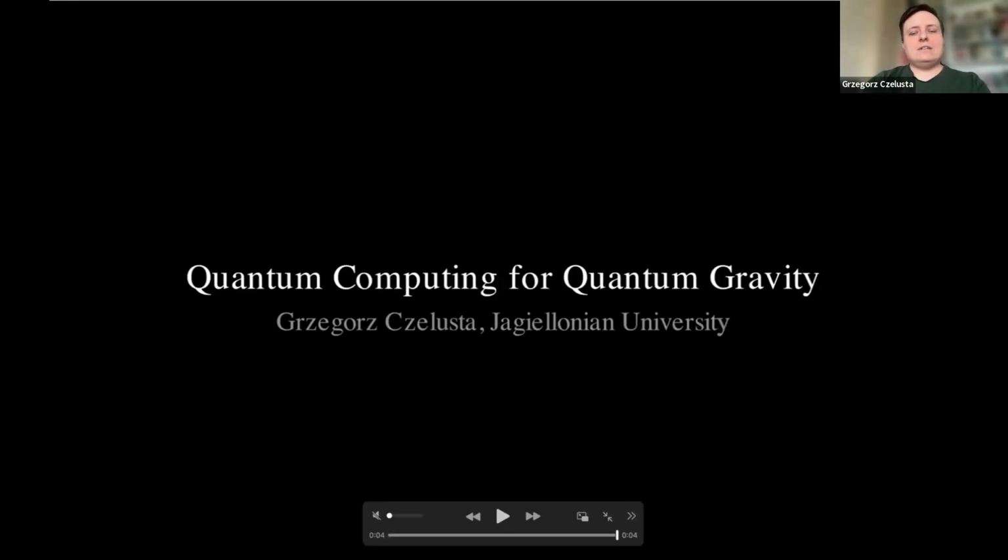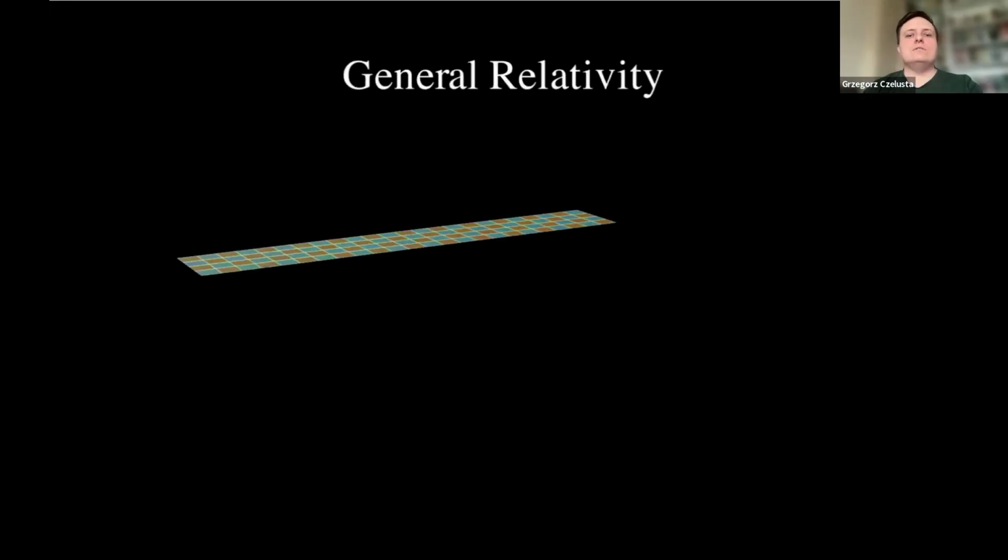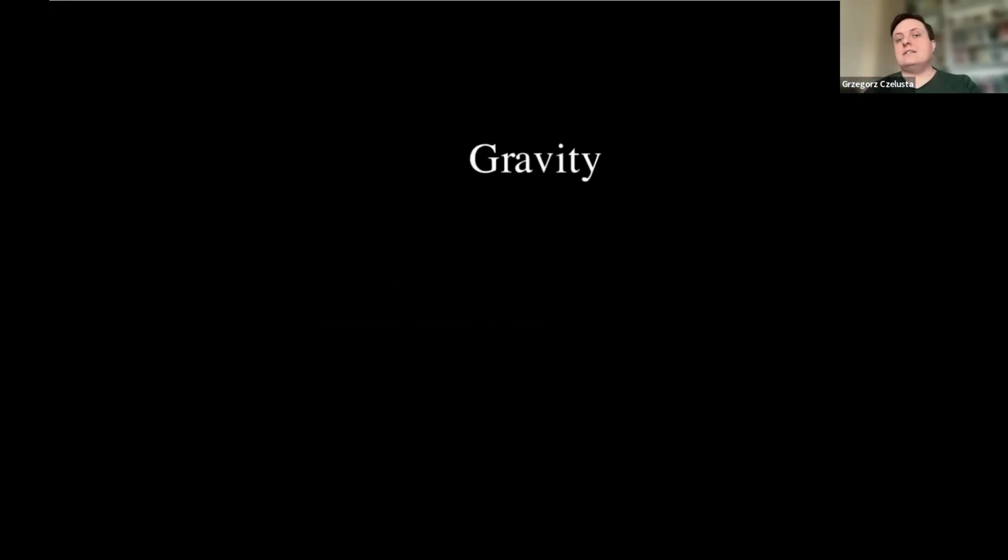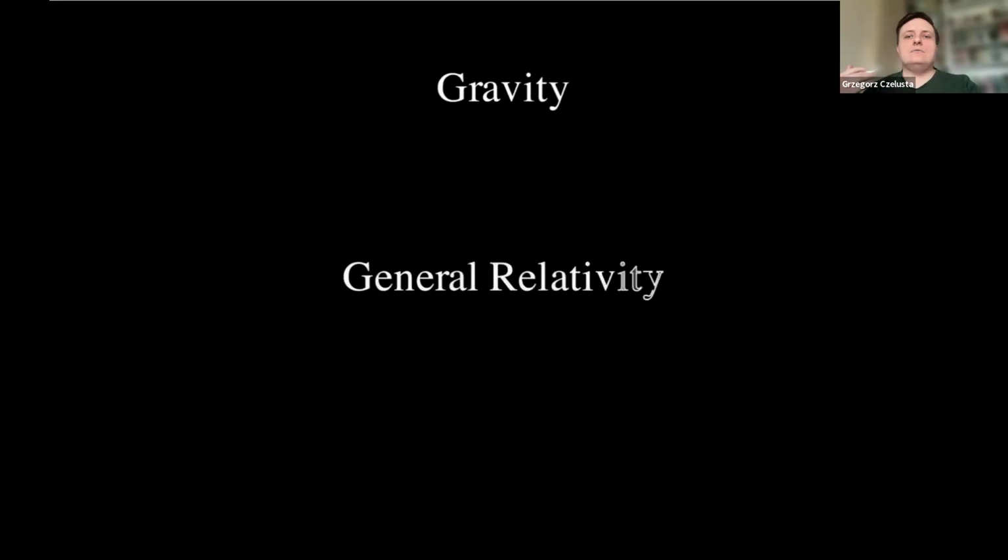Today I would like to talk about applications of quantum computing to problems motivated by quantum gravity. So first, what is quantum gravity? Quantum gravity is often described as the missing theory that should connect two extremely successful frameworks: classical gravity, which is described by general relativity, and quantum mechanics, which governs physics at microscopic scales.